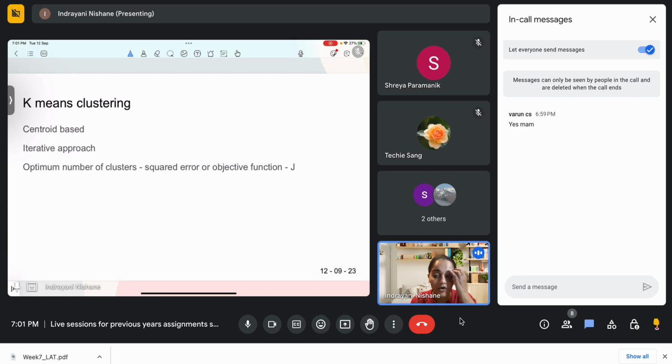Log data means logging their actions in an online learning environment: where they are clicking, what text they are typing, what their performance is while they are attempting the questions and answers. All those things we consider. And we can consider different features like behavioral features, or time spent on different actions. All those things we can consider for this clustering.